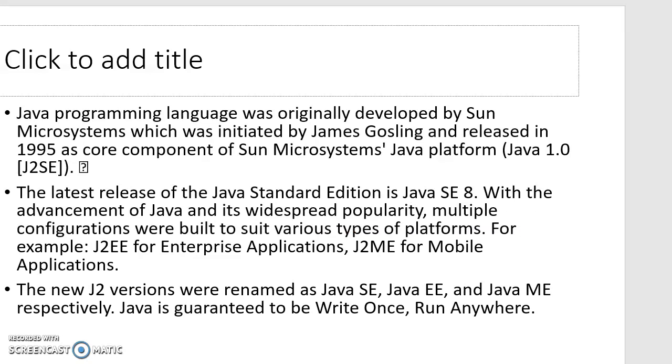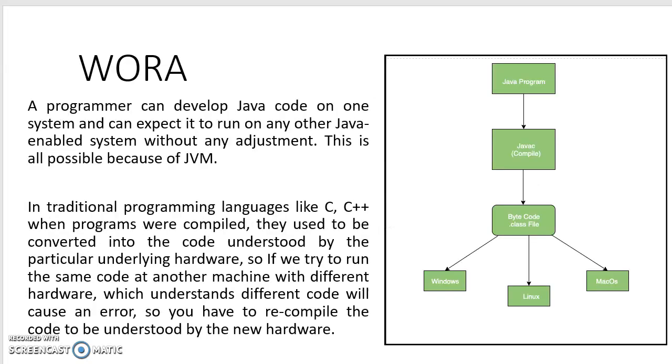Such introductory concepts are there which you can go through, but my focus right now would be on the concept of write once and run anywhere, or WORA. WORA means write once, run anywhere. Now, the program that we are compiling in Java can be run in different systems.